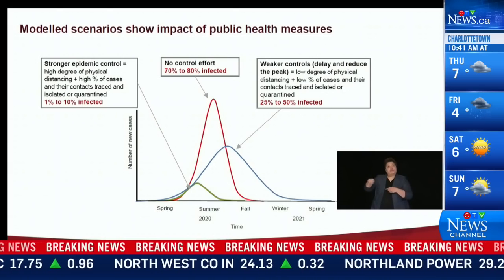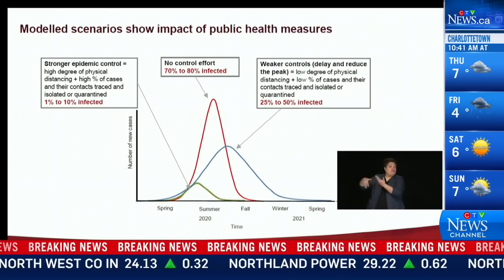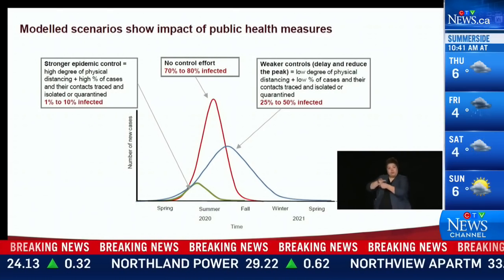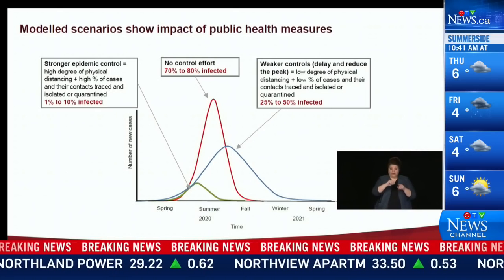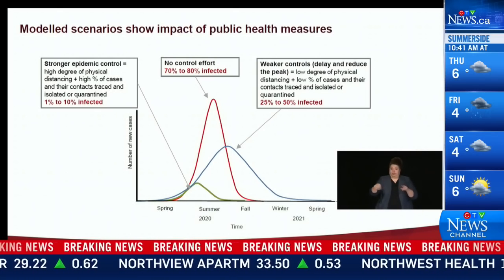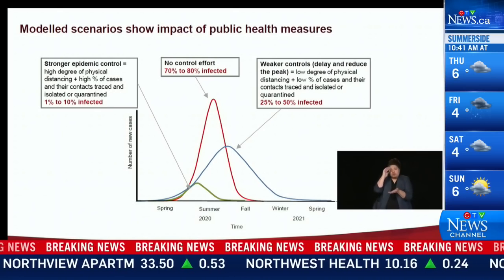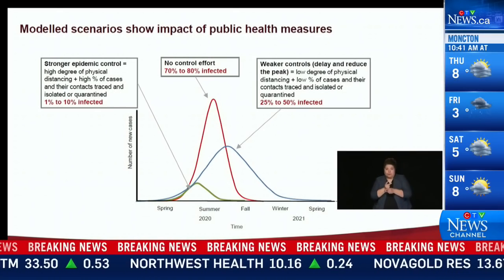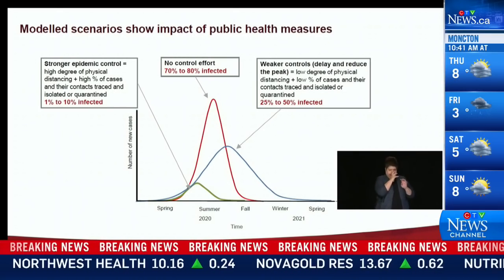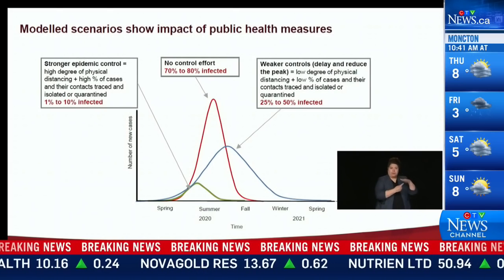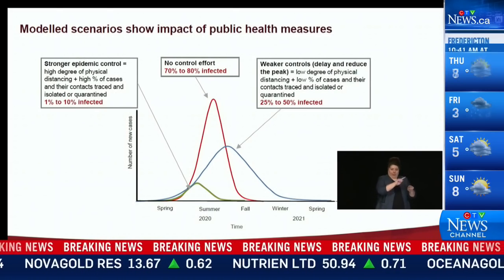The blue line shows a scenario with weaker controls to delay and reduce the peak, and the green curve is the best case scenario, which is we reach our objective of epidemic control. In this scenario, we're working towards a situation where each infected person only transmits to less than one other person.